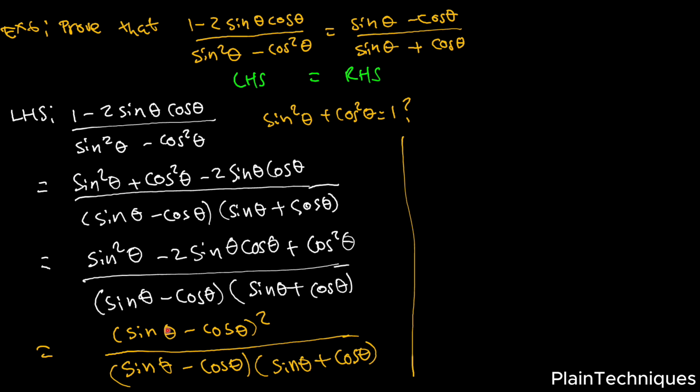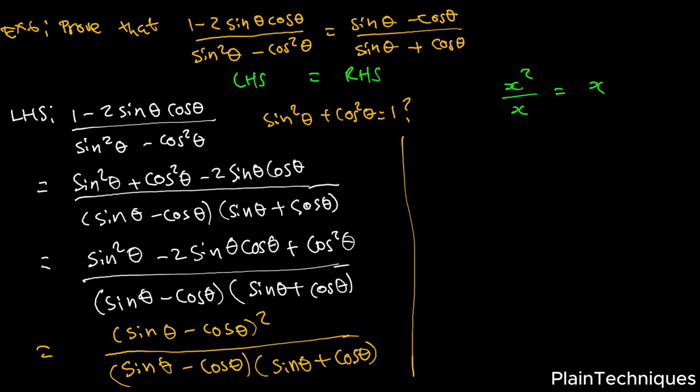I have similarities. So sine minus cos, and sine minus cos. This will cancel the one below, right? So it's similar to something like this: if you have x squared over x, your answer will be x, right?